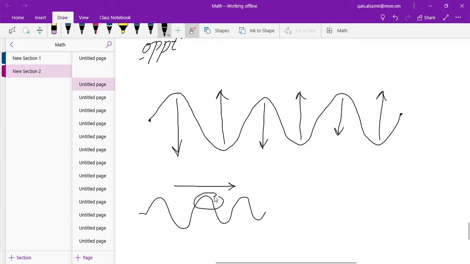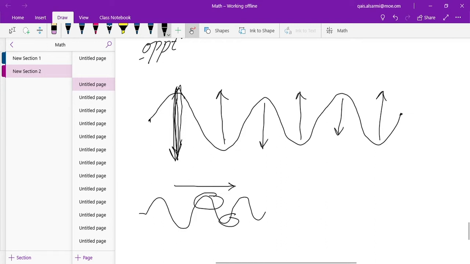But a standing wave is a bit different from a traveling wave, because the crests and troughs are not traveling, rather they are just bumping up and down. So crests are becoming troughs and troughs are becoming crests, moving up and down.